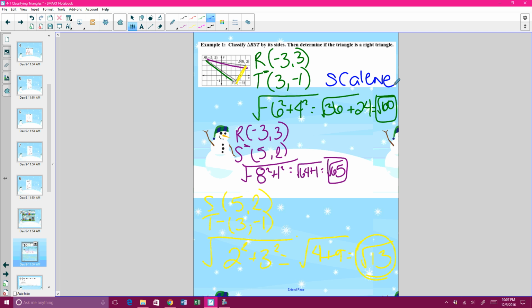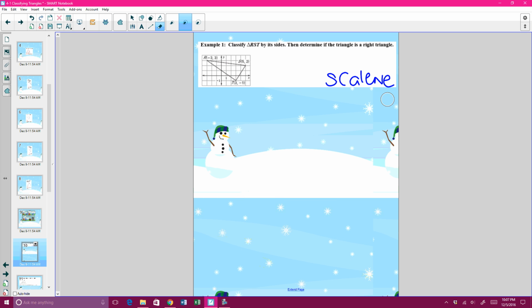Now you also need to figure out if this is actually a right triangle. If it is a right triangle, that means that the slopes of the lines would be perpendicular to each other and opposite reciprocals.